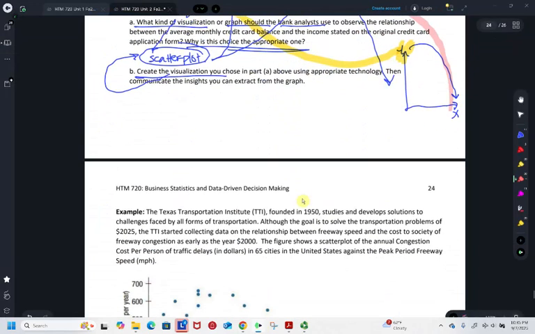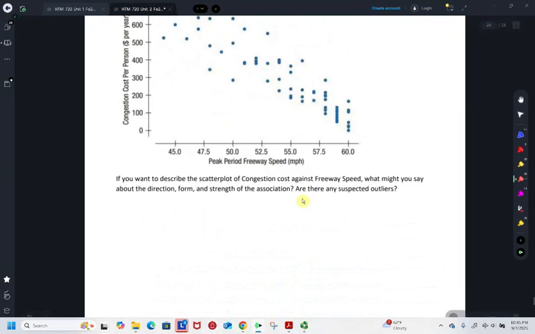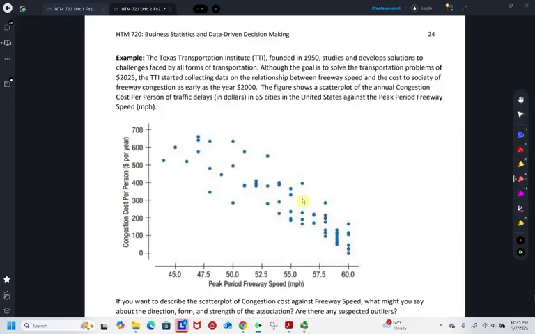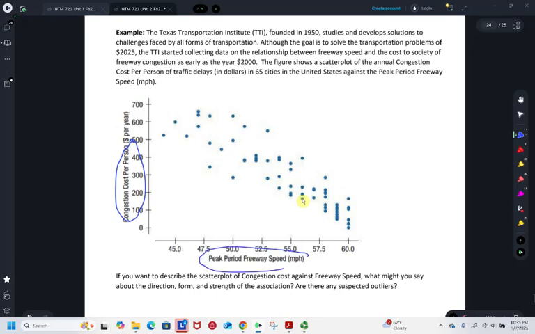Okay, here is another picture, where we look at the congestion cost per person and the peak period freeway speed. I can see a trend line here. So as far as the direction of the relationship is concerned, I would say negative.